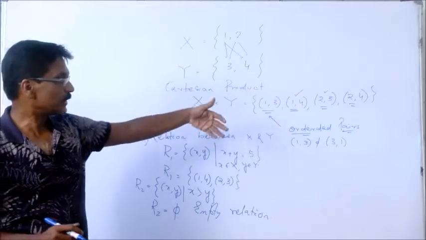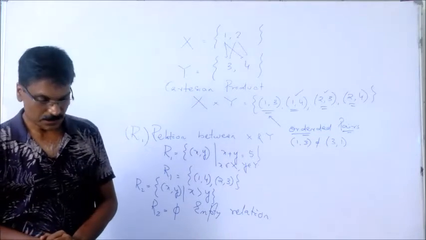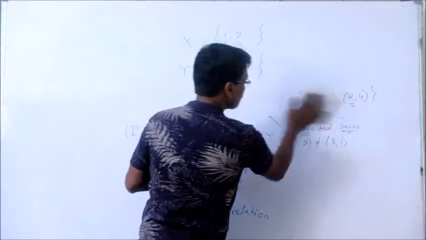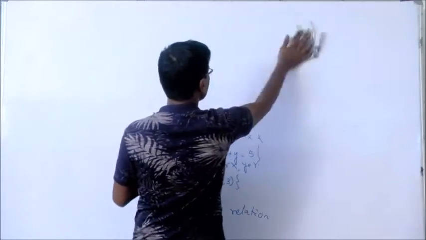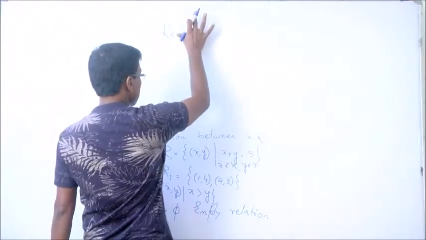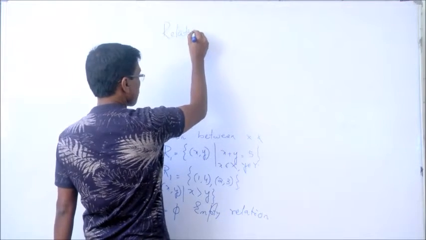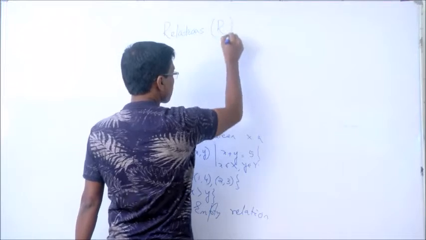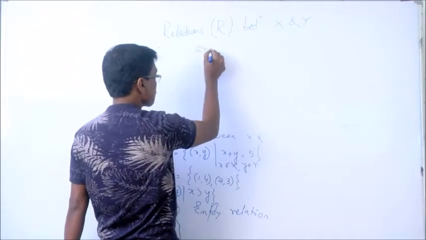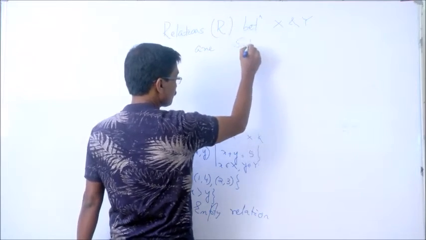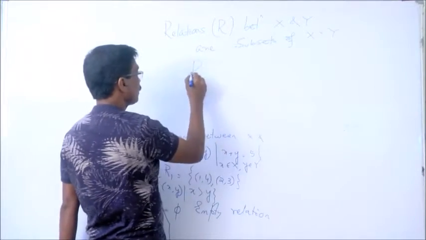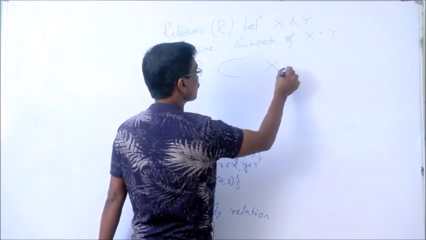If we define binary relations between two sets x and y, a binary relation between x and y is a subset of x cross y. All the relations R between the x set and y set are subsets of x cross y.